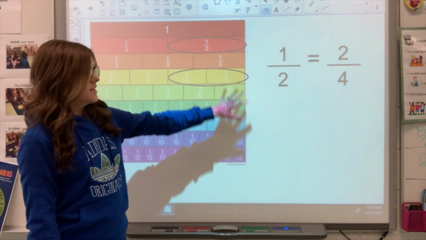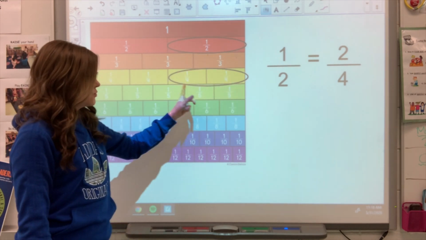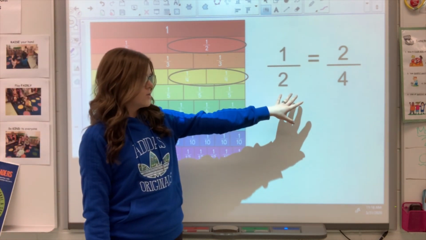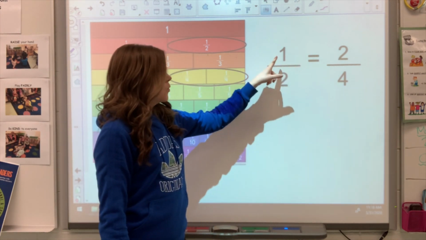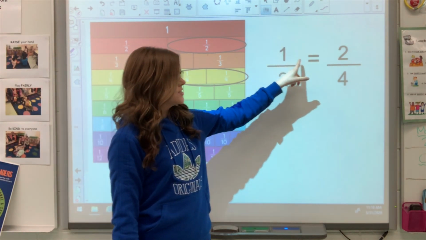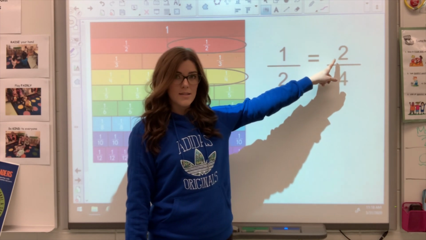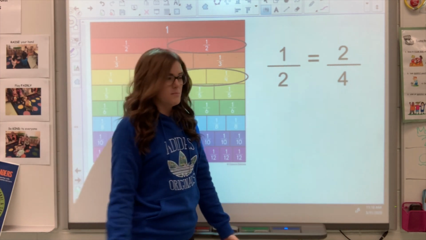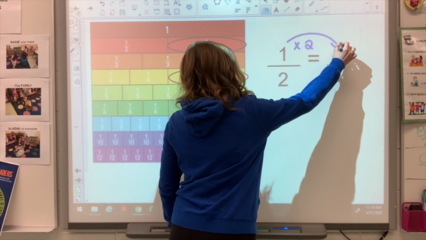So if we come back here to our fraction strips, I have circled 1/2 and 2 quarters to show that they are equal. Now, I'm going to look at my numerator up here. What did I multiply my numerator, my 1, by in order to get to 2? 1 times what equals 2? Well, we all have our facts memorized, and we all know that 1 times 2 equals 2.